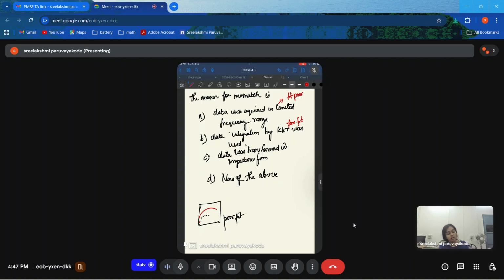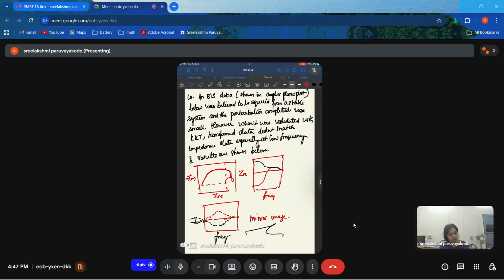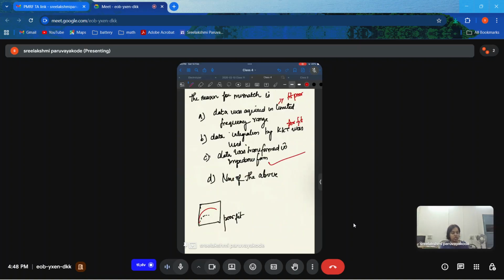Yes, we learned earlier that if the Z real value goes negative, into the second quadrant, and you use the impedance form of KKT transformation, you will get a mirror image. So that is what you are seeing here.